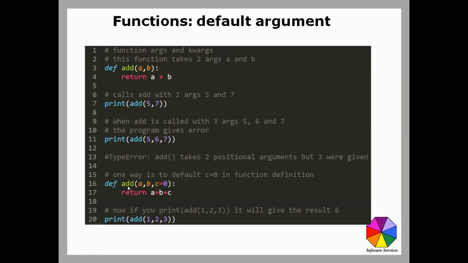Of course, then what we have to do is create another function of the same name. Python will allow creating a new function of the same name with now 3 parameters here, and return a plus b plus c. Now I can pass either 2 arguments or 3 arguments, both will be accepted.